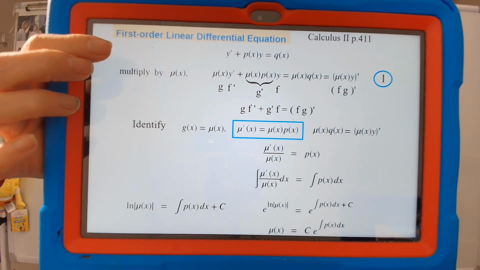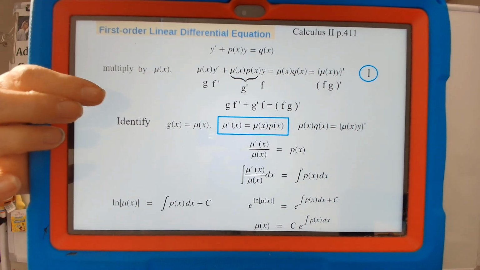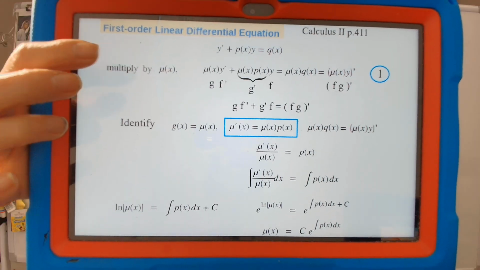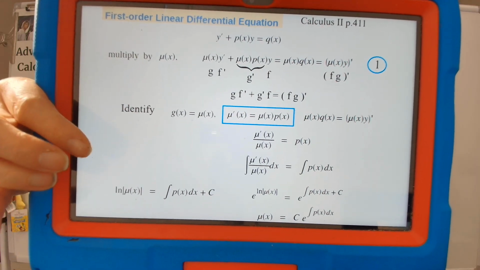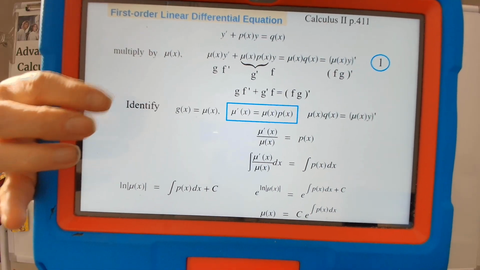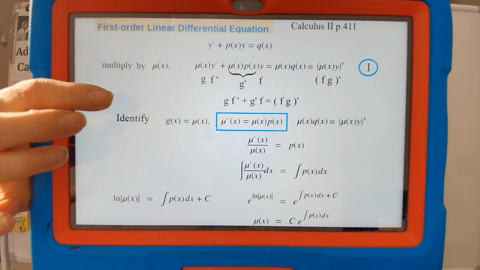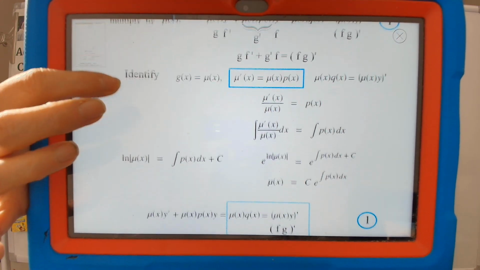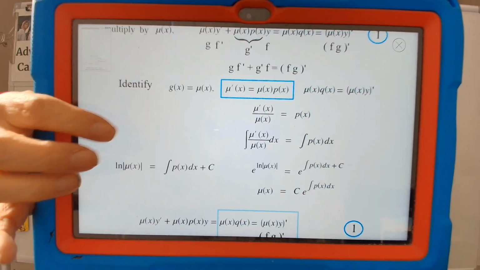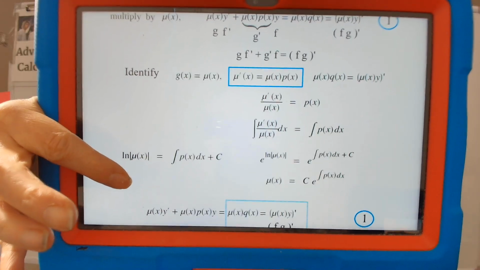The way this is solved is by pulling the product rule trick. Okay, you multiply everything by mu of x and then line it up in such a way that eventually you can solve for mu of x by identifying everything line by line with the product rule, which I have written right here. Eventually, because of that, you'll be able to calculate what mu of x is, which is given by the equation right here.